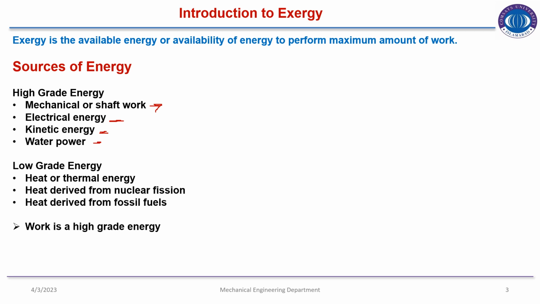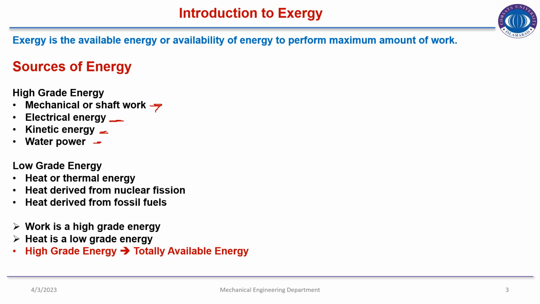Here heat is derived from fossil fuel combustion or nuclear fission, etc. But the overall concept is that heat is a low grade form of energy. Work is a high grade form of energy and heat is a low grade form of energy.